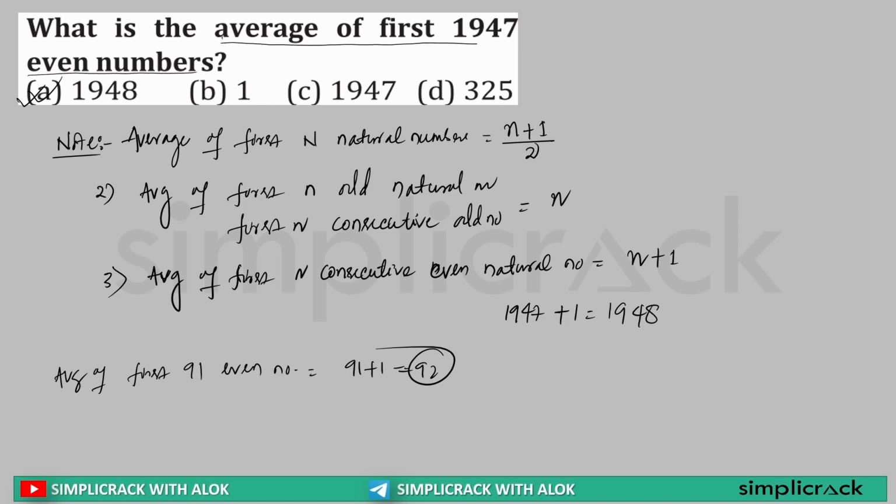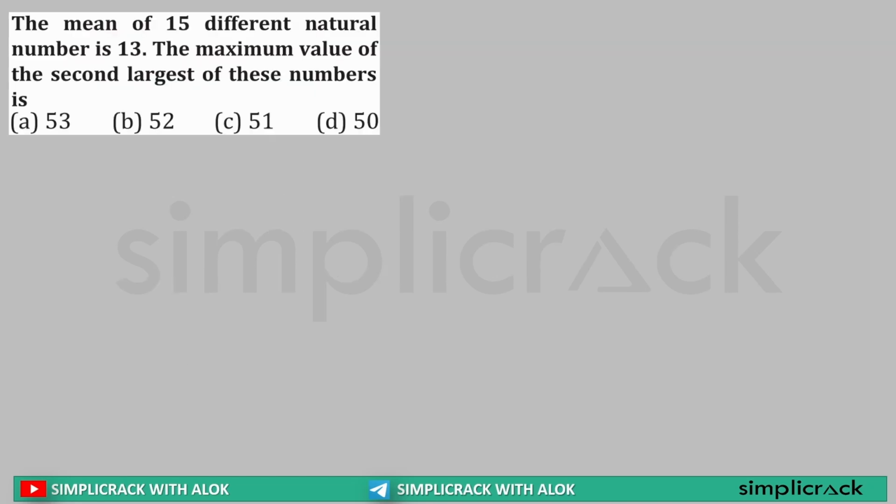Okay. Now, whenever I say you should believe in the fundamental clarity, that means, see how these questions are being solved. You need to learn simple things and understand how to utilize them. Now, the mean of 15 different natural numbers is 13.